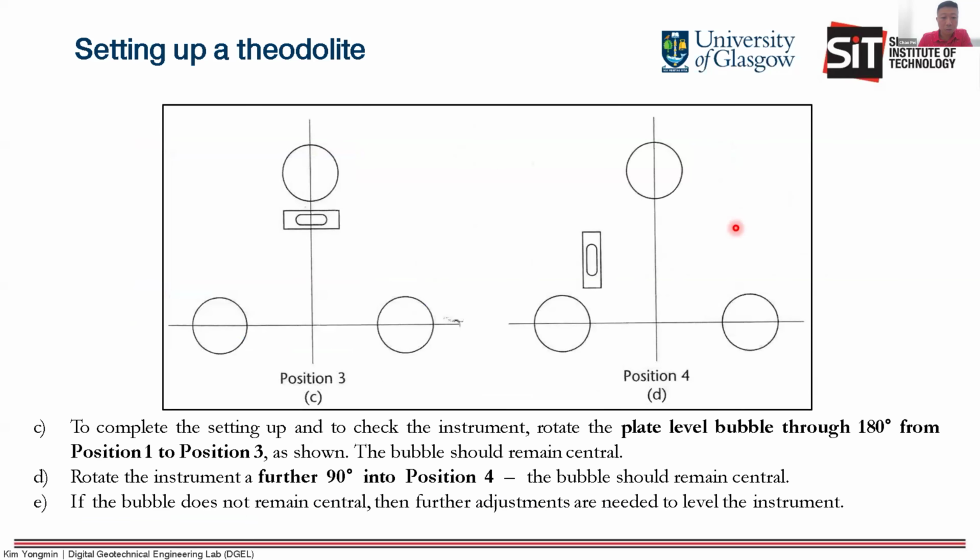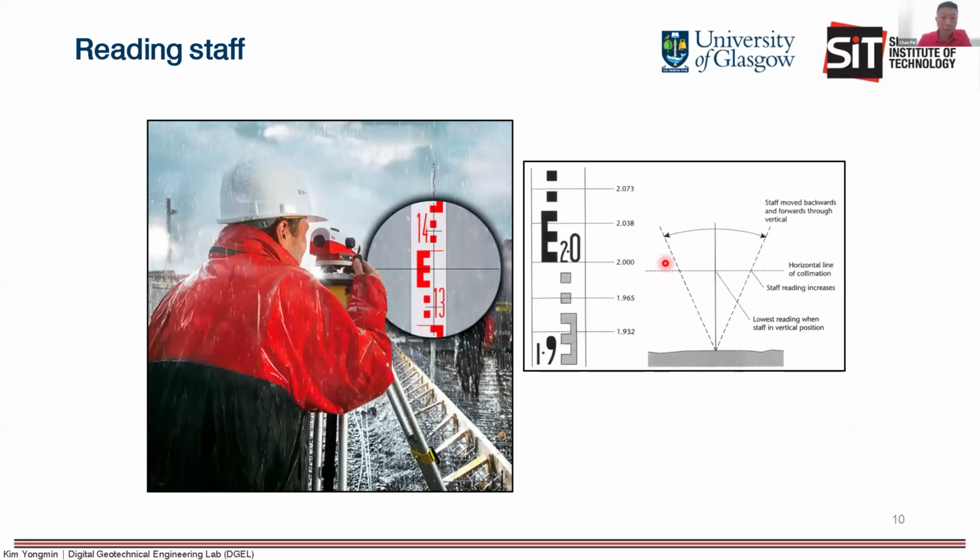Then you turn the instrument and check whether the level is at the center. If not, then do some minor adjustment again, until when you turn a few rounds, the bubble is always at the center. Then you can confirm the instrument is fully level at the horizontal already.